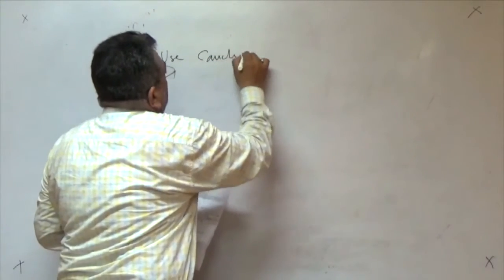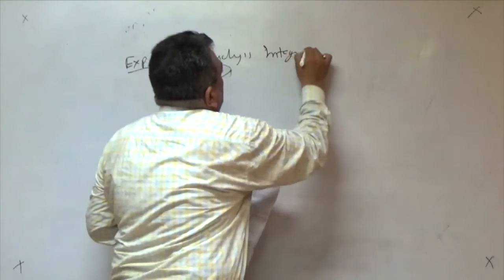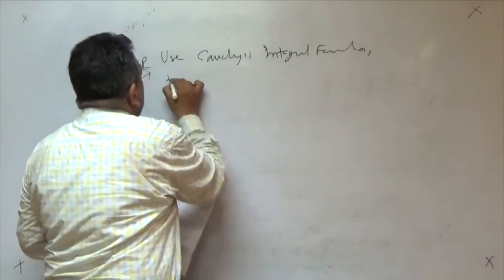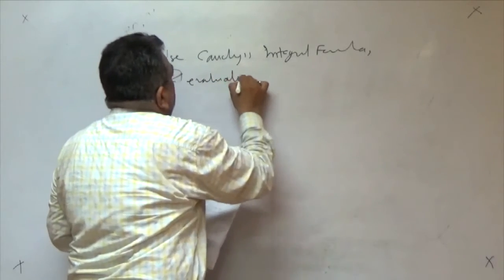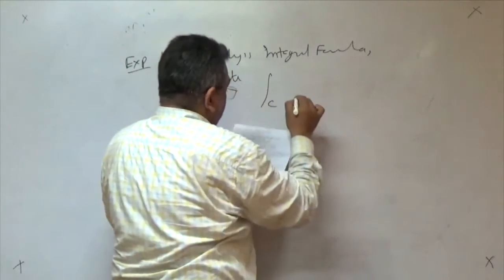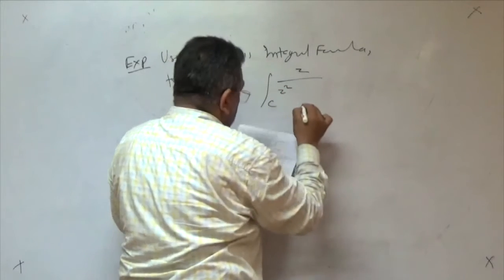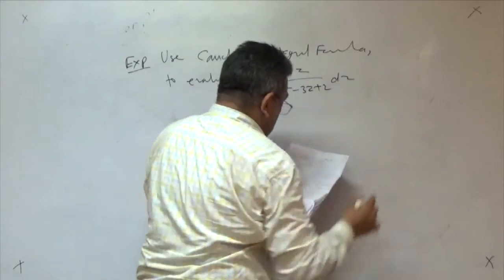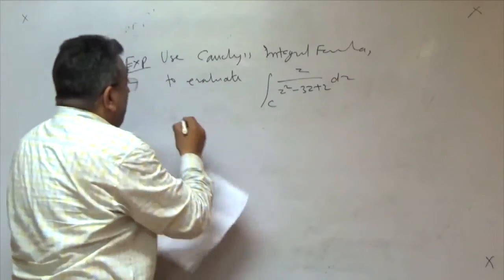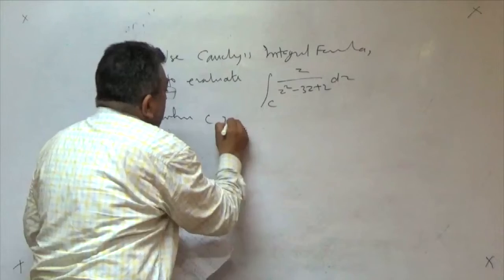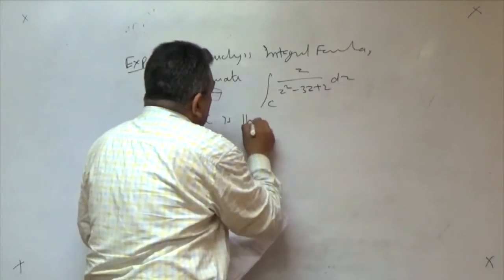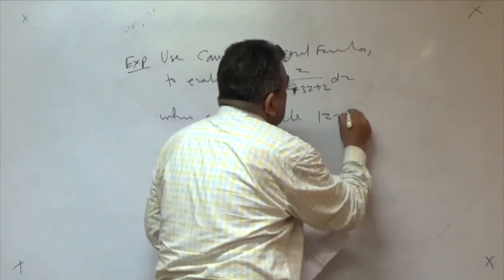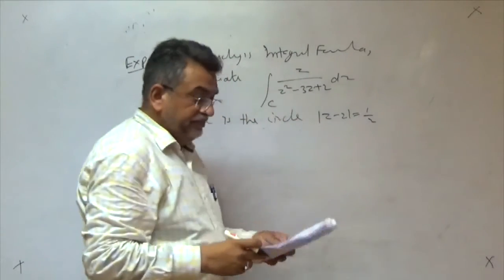Example: use Cauchy's integral formula to evaluate the integral over C of z upon z square minus 3z plus 2 dz, where C is the circle mod z minus 2 equal to half, right?